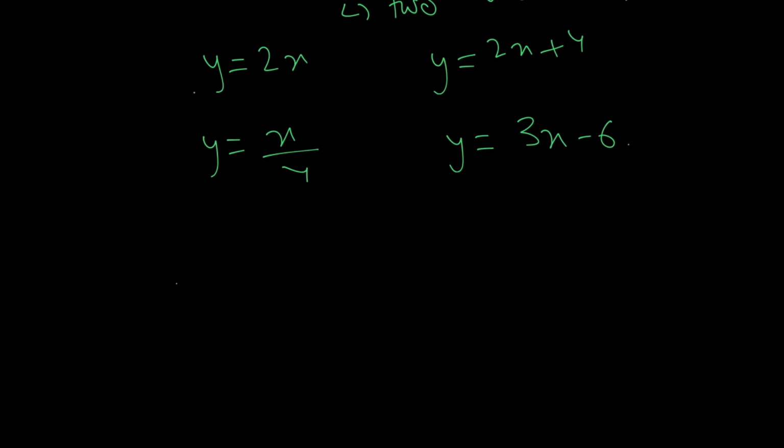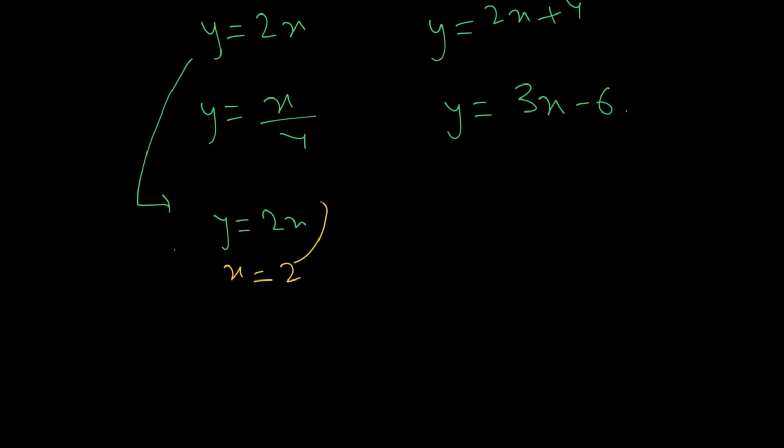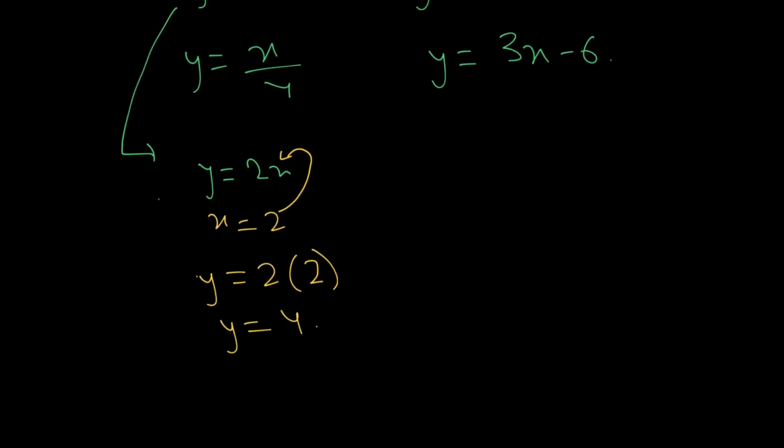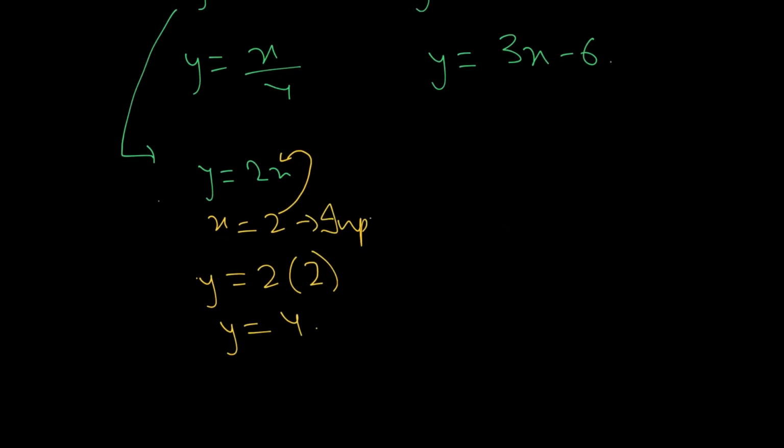Let's take the first function, y equals 2x. Now your input for this function is x equals 2. What you do is put this into the function. So y is equal to 2 times our input, 2. In place of x we write 2, and y is equal to 4. So this is our input, while this is our output.